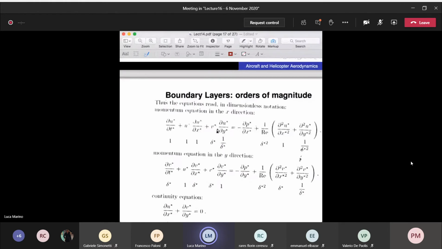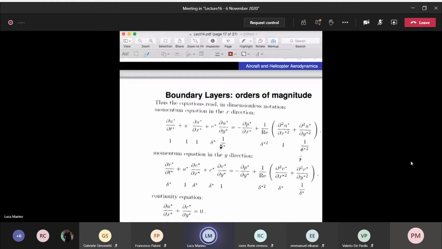Pay attention, because V, the vertical component, the normal component of the velocity, is not of the same order as U. And why do we have these two scales? It is a consequence of the continuity equation.